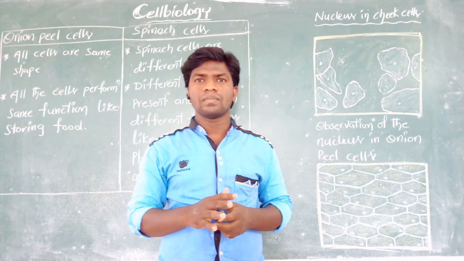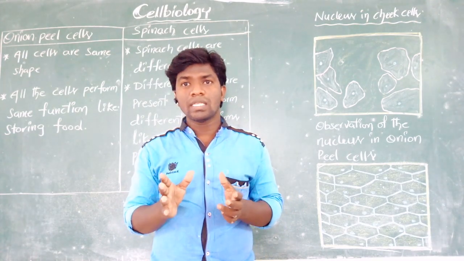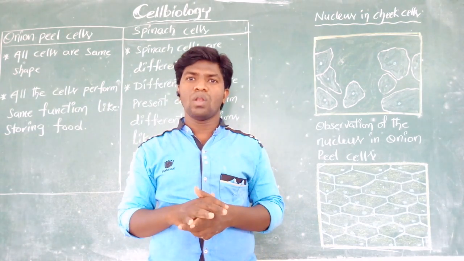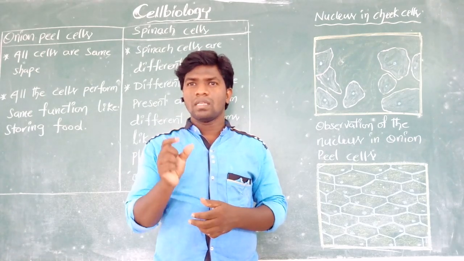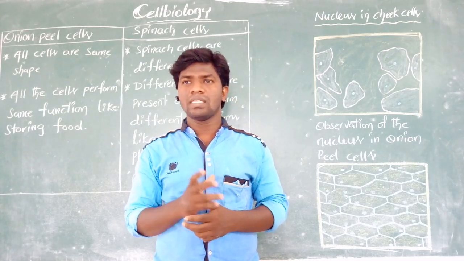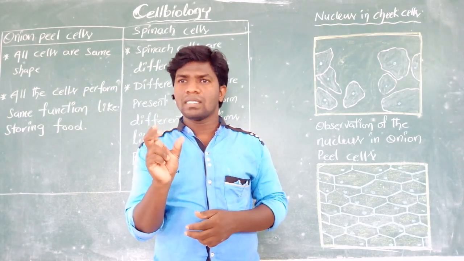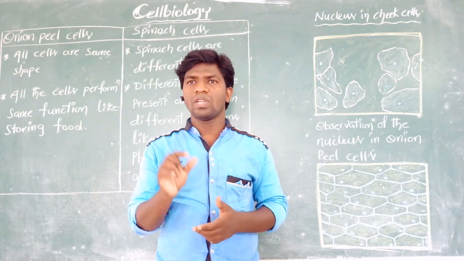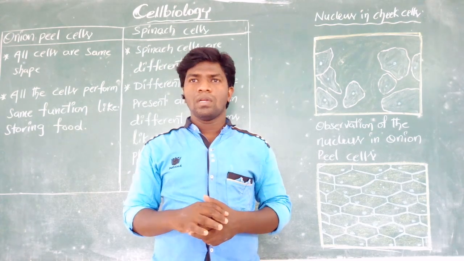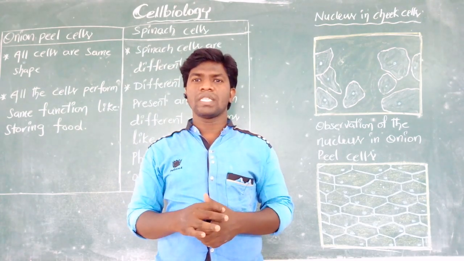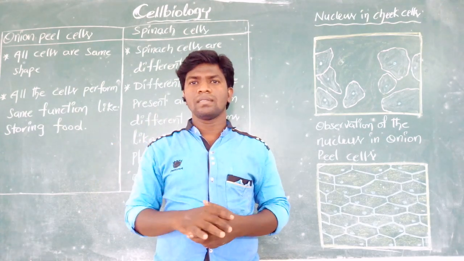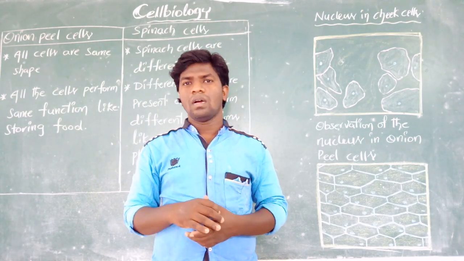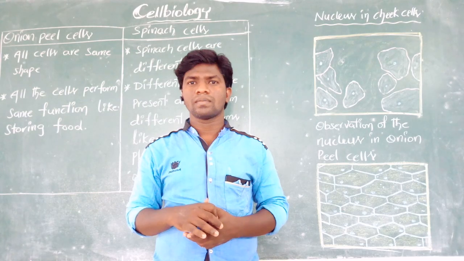Among the different parts of the cell, the nucleus is the most well known part. Already I told you in the previous class, the nucleus plays a key role. Nucleus is the master. Nucleus is the CPU, central processing unit. The nucleus controls all the cell organelles, structures and functions.